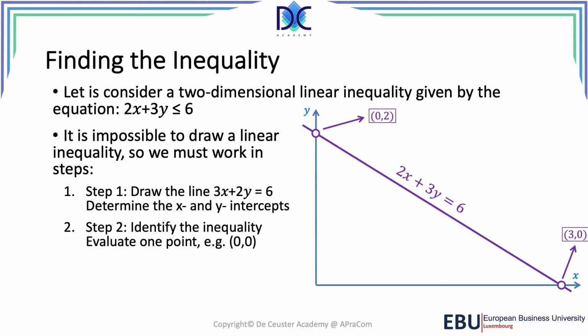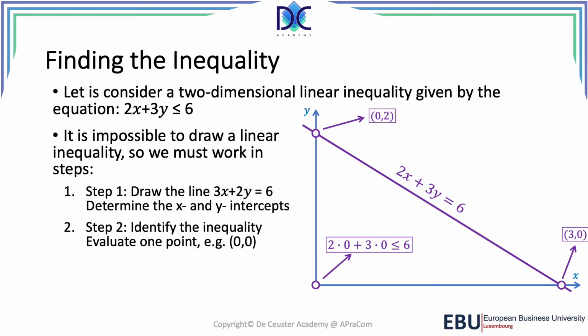The next thing is to identify the inequality, and we evaluate 1 point. We take 1 point below or above the line. In this case, we have the point (0, 0), which is a logical choice because it's easy to calculate. And we see that 2 times 0 plus 3 times 0 is equal to 0. Means that in the point (0, 0), the linear inequality is satisfied.